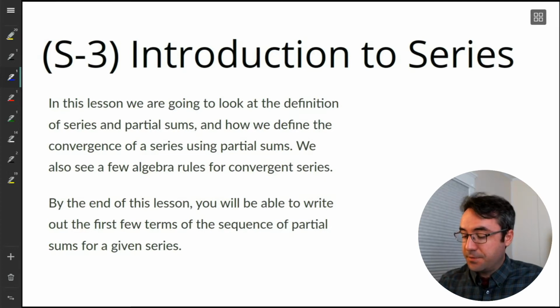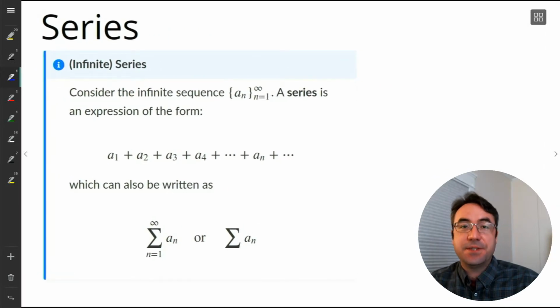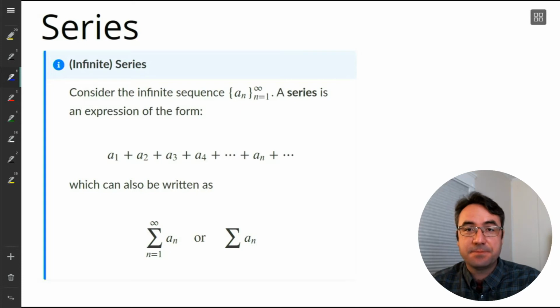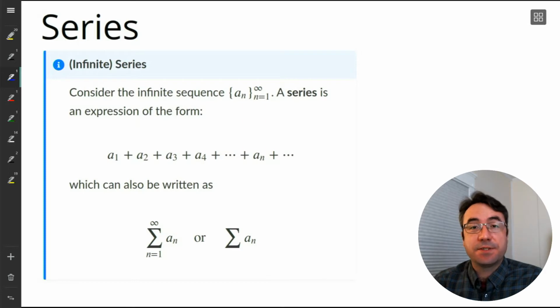All right, so first of all, what is a series? Sometimes we call it an infinite series, usually just series for short. And it really starts off with an infinite sequence. So it starts off with this infinite sequence a sub n, where n goes from 1 to infinity. Just a list of terms.